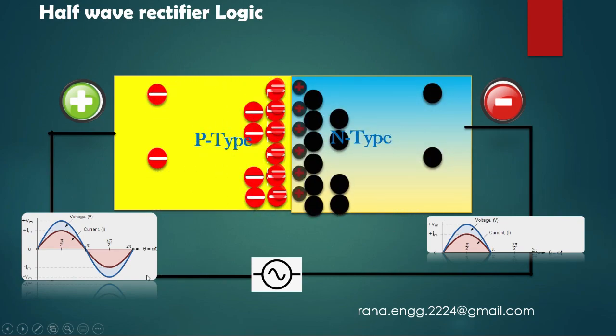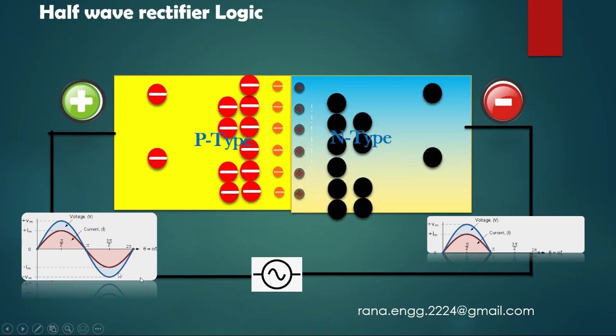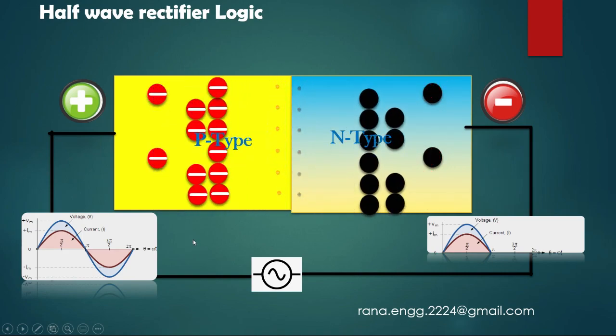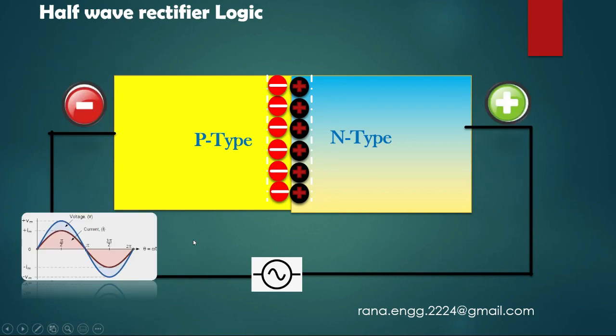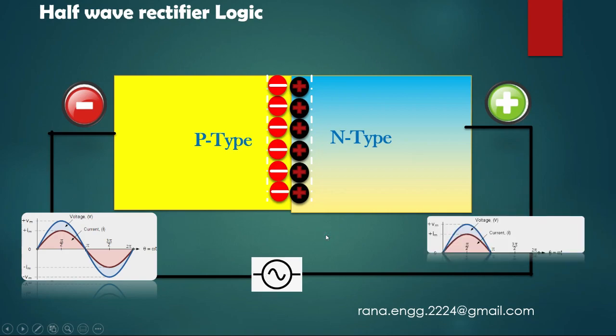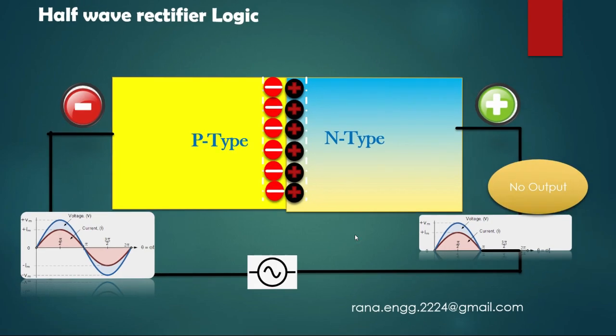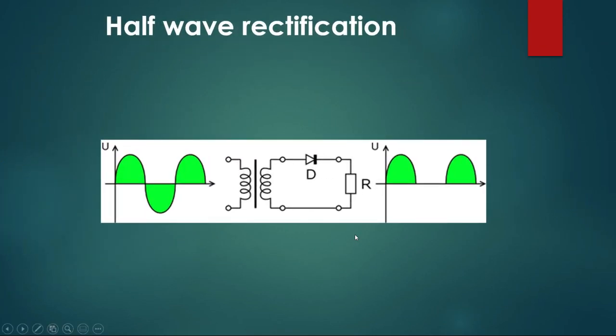Then when the second cycle starts, which is negative, the p type becomes negative and n side becomes positive. Polarity changes here. Due to this change in polarity, we don't get any output, we get a blank signal like this. Again, when the next cycle comes, we get the output for the next cycle.